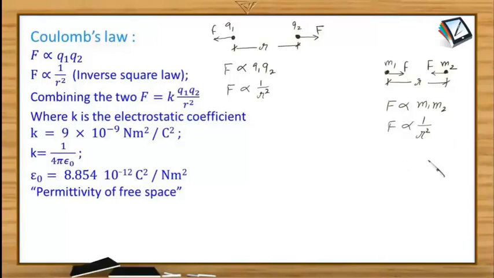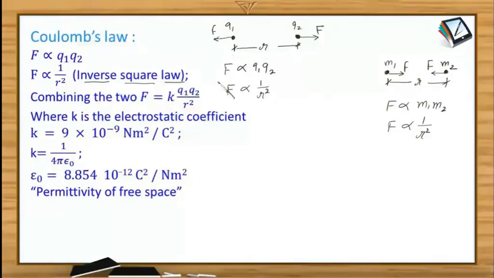In the law of gravitation, the same result was there: force is proportional to the product of their masses and inversely proportional to the square of the distance. So you can easily remember this as you already know the law of gravitation. Inverse to the square of the distance is known as the inverse square law.